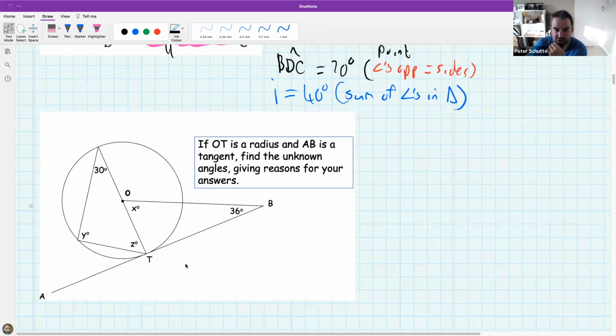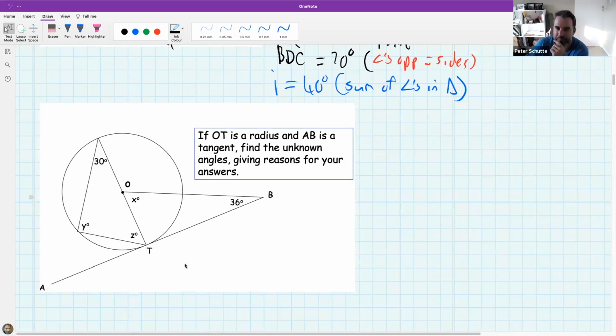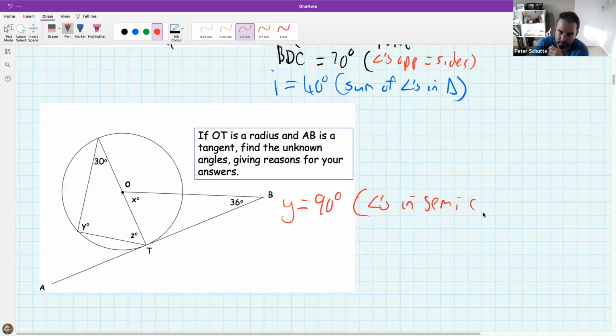Oh, did we do this question on Monday? Apologies, I must have. Okay, so I seem to have redone this one, but let's just write it out anyway. So Y is 90 because of angles in a semicircle.